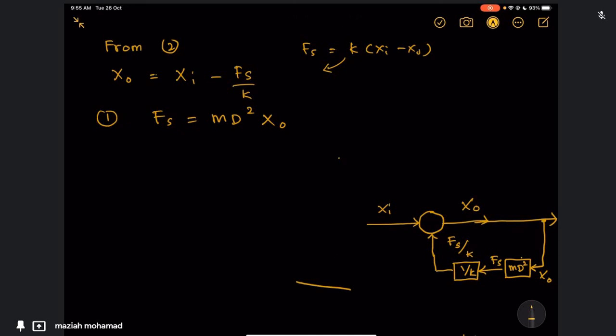Because later on, if you have 3 or 4 components that add onto one mass, you have a summation of force acting on that mass. So always start with that equation. Okay, all right, I think I stop here. We will meet again on Thursday, 12, with more examples on how to draw a block diagram.